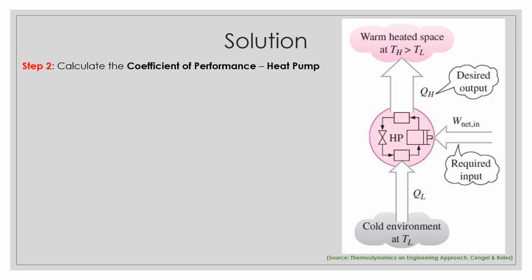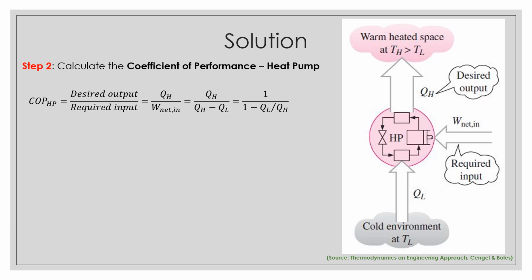Second step, calculate the coefficient of performance of heat pump. Based on the available information from the question, COP HP equals the desired output divided by the required input. Desired output, required input, which is QH and work net in. And then finally, after the simplification, we obtain 1 over 1 minus QL over QH for COP HP or heat pump.